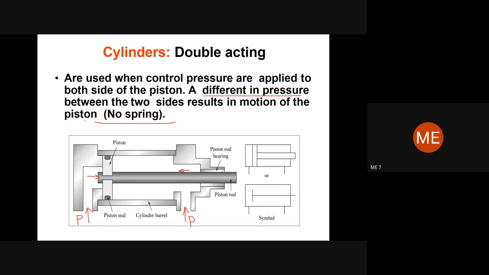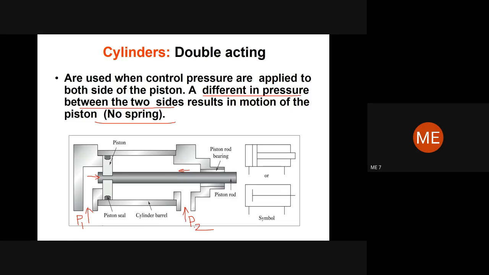The difference in the pressure between the two sides is responsible for moving the piston from one end to the other end. Extension or retraction happens because of the difference in pressure across the cylinder. Let me just say P1 and P2. If P1 is greater than P2, then extension is going to occur.